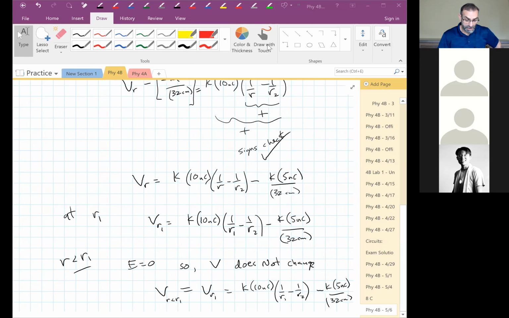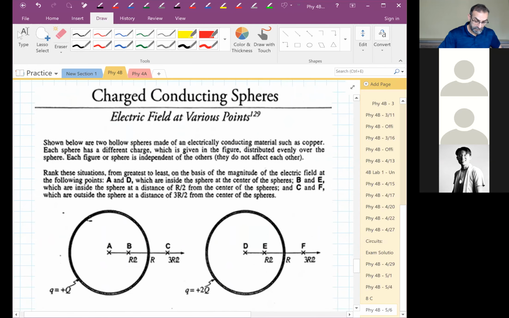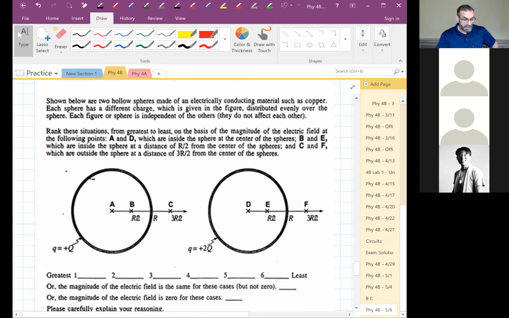Let's do this worksheet. We've got 2 hollow spheres made of conducting material. Each sphere has a different charge. One's Q and one's 2Q. Instead of doing what they're asking for, which you could do later, we want to find the electric field at each location.